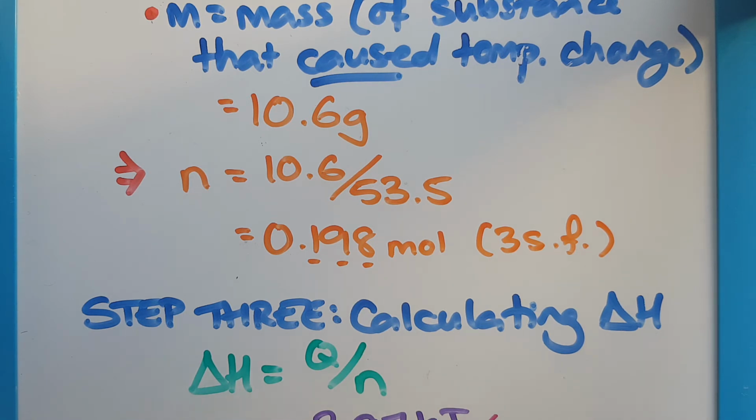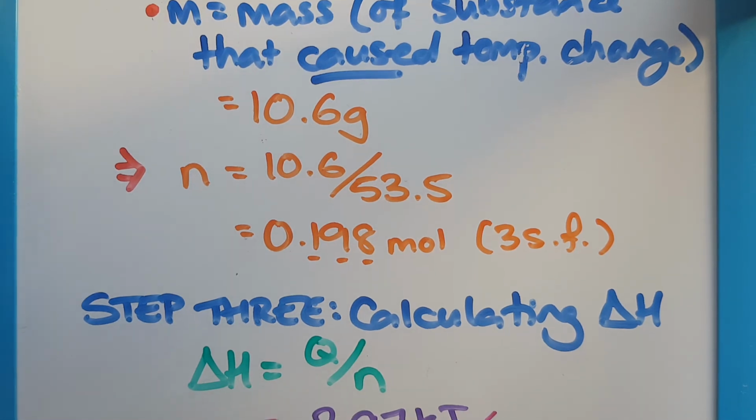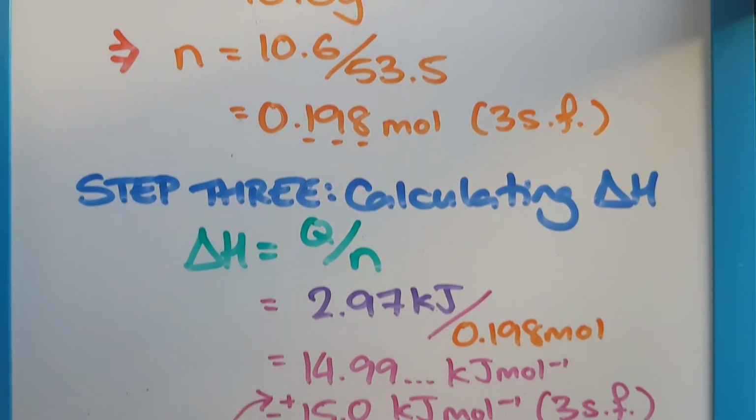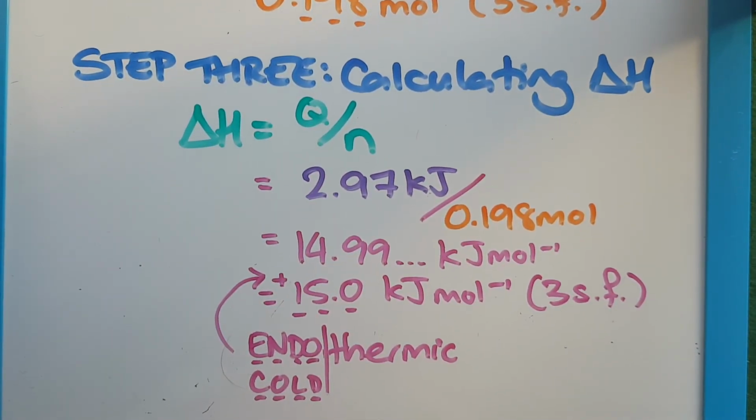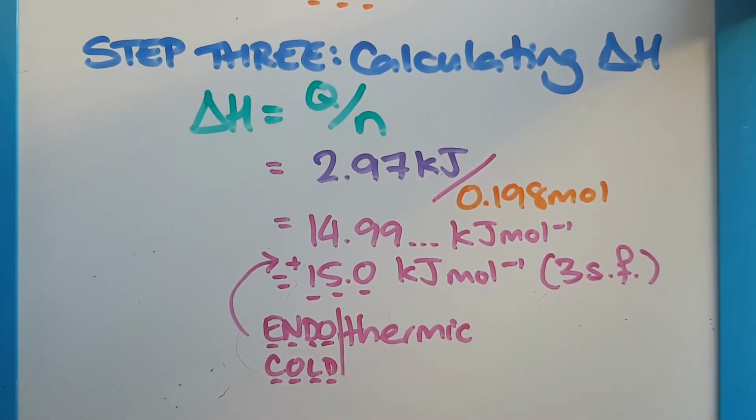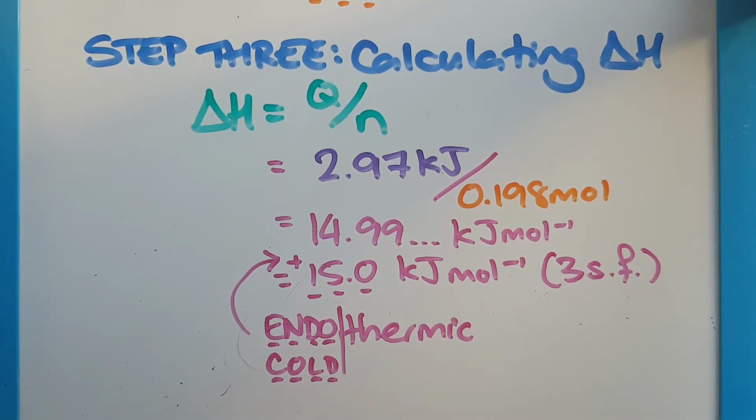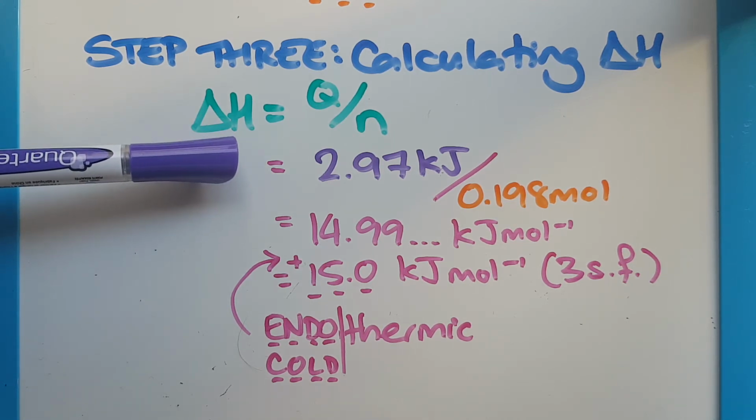Now I've got this, I can take my answer from the previous video and apply it to this one. Enthalpy change is the energy change divided by the amount. In step 2 we worked out the amount. In step 1 on the previous video we found the energy change. So the energy change we found to be 2.97 kilojoules.